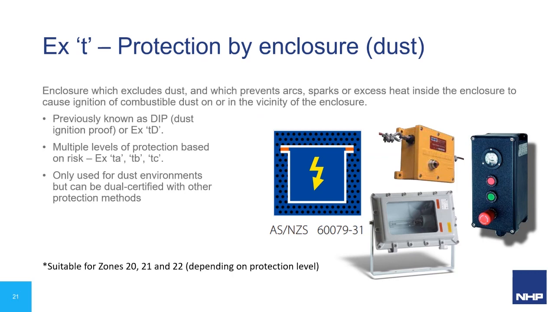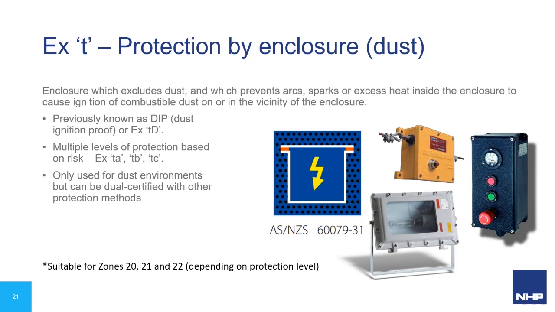So the old Oz EX standard was Dust Ignition Proof, or DIP. Then we had, with ANZ IEC, EXT with a capital D, which was under standard 61241.1. But this is now withdrawn with the new standard in favour of EXT with a little A, B or C, which is under 60079.31.